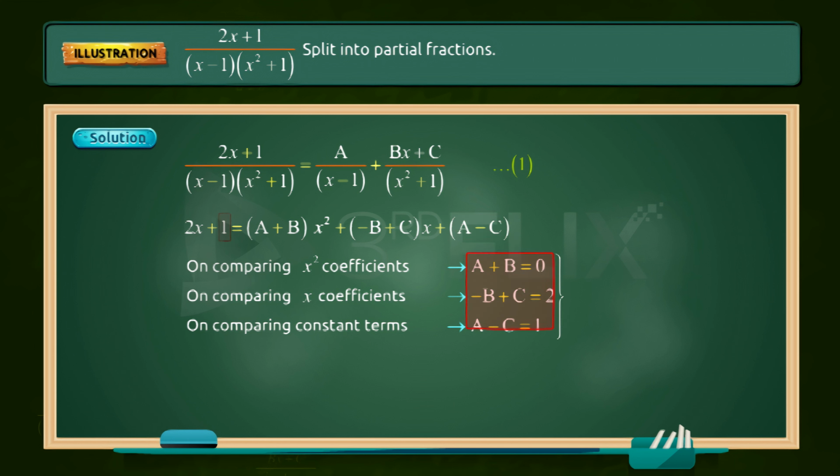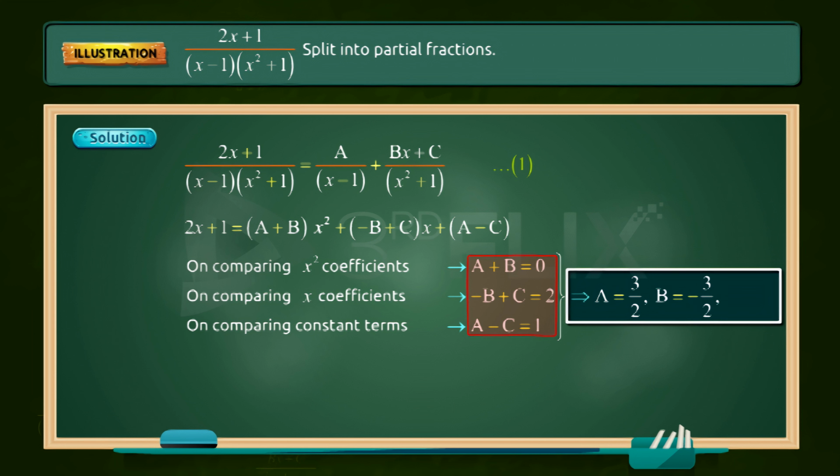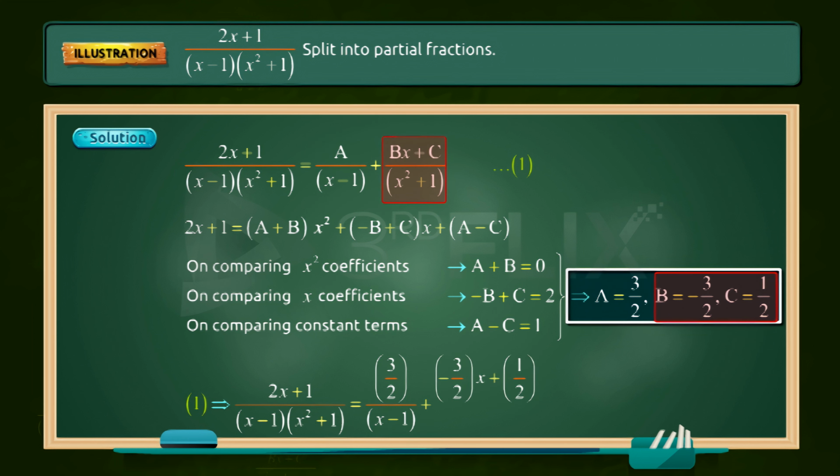On solving these three equations, we get the values A equal to 3 by 2, B equal to minus 3 by 2, C equal to 1 by 2. On substituting these values in equation 1, the given fraction can be written in partial fractions as 3 by 2 whole divided by x minus 1 plus minus 3 by 2 into x plus 1 by 2 whole divided by x square plus 1.